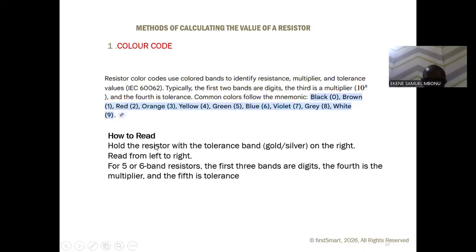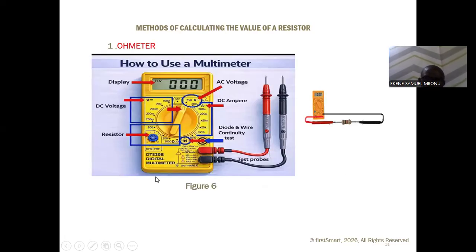I've already explained this. The resistor color code uses color bands to identify resistance, multiplier, and the tolerance. This is the IEC 62 standard. I think we have explained this, so let's move.